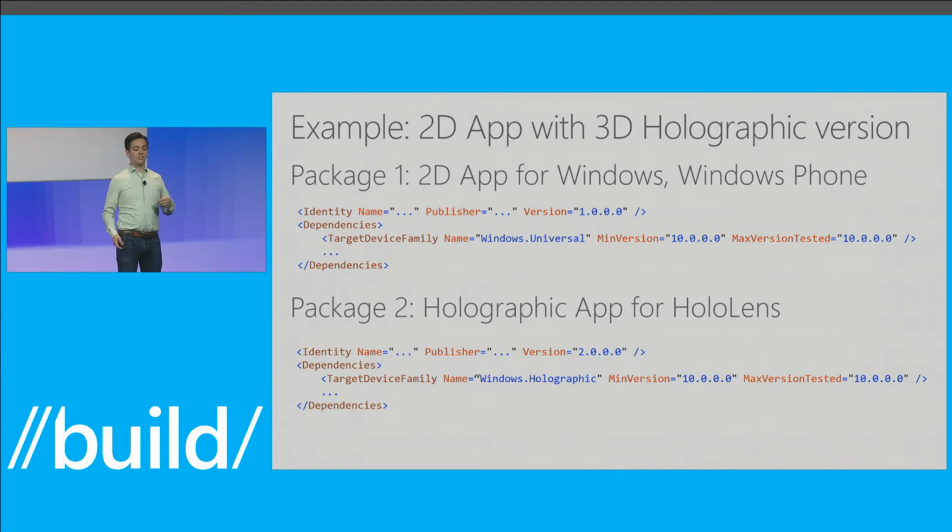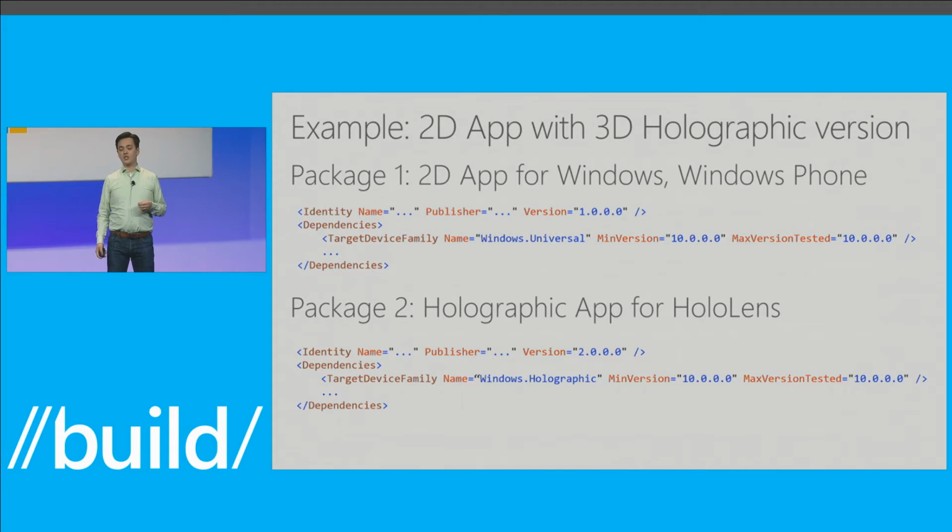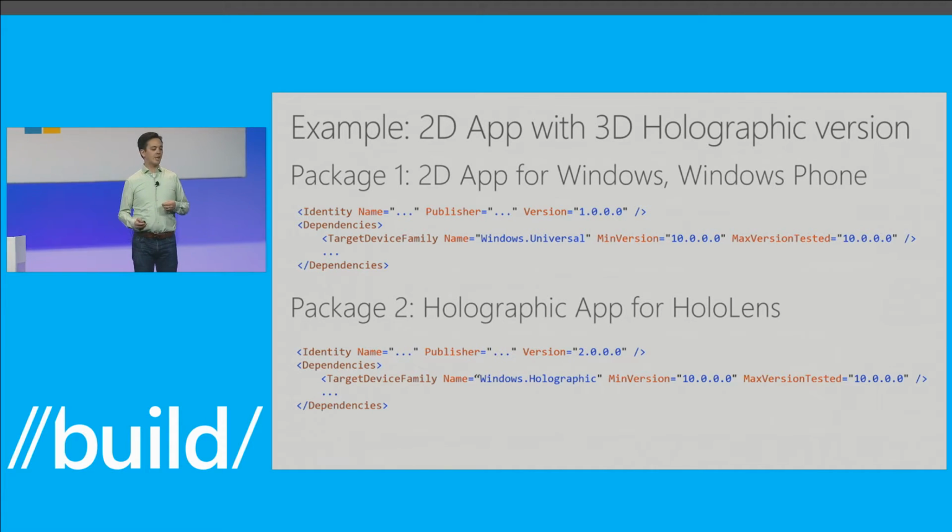And you'll have another one that's the holographic app for HoloLens. In your manifest here, you can specify Windows.Universal as the target device family for the two-dimensional app. And you can specify Windows.Holographic for the target device family for the HoloLens app. To make sure that HoloLens users get the HoloLens package and not the two-dimensional package, you'll want to make sure you give it a higher version number. All conflicts are resolved through version numbers.